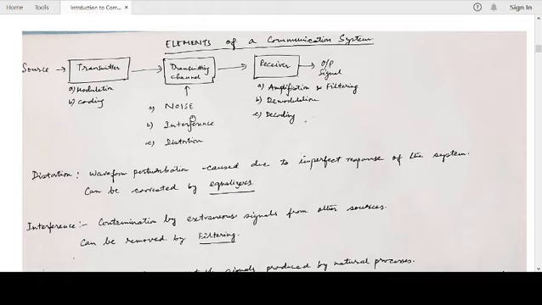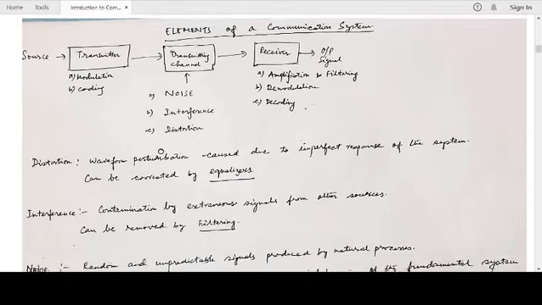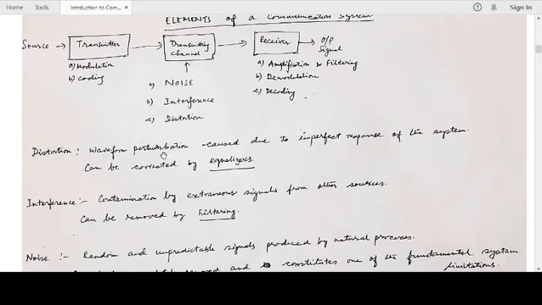So, channel distortion. What is distortion? The waveform perturbation caused due to the imperfect response of the system. A signal waveform passes through a channel. Imperfect response means the channel may have different amplitude and phase response over the frequency band, and hence the waveform gets distorted.